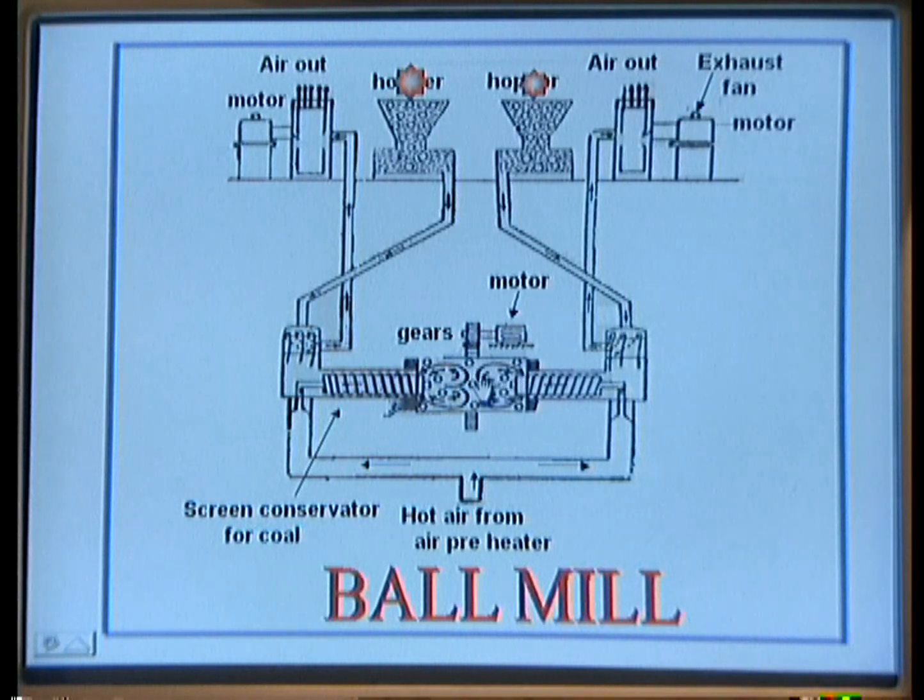Once the coal enters the drum, which is rotating and has the balls, it is formed into powder form. The powder is carried by the hot air from the air preheater and comes to the second classifier, where it is classified as fine powder, and whatever is more than the required size is sent back to the drum itself.